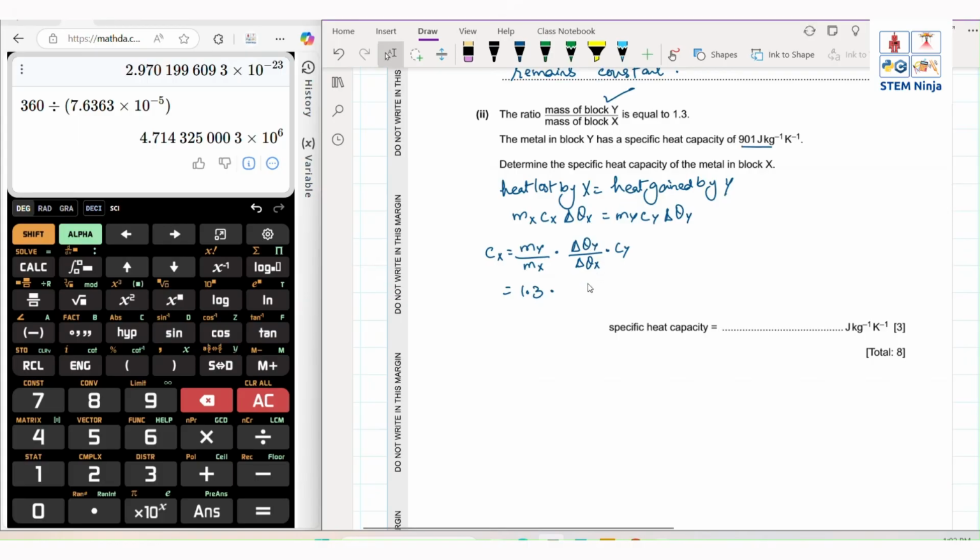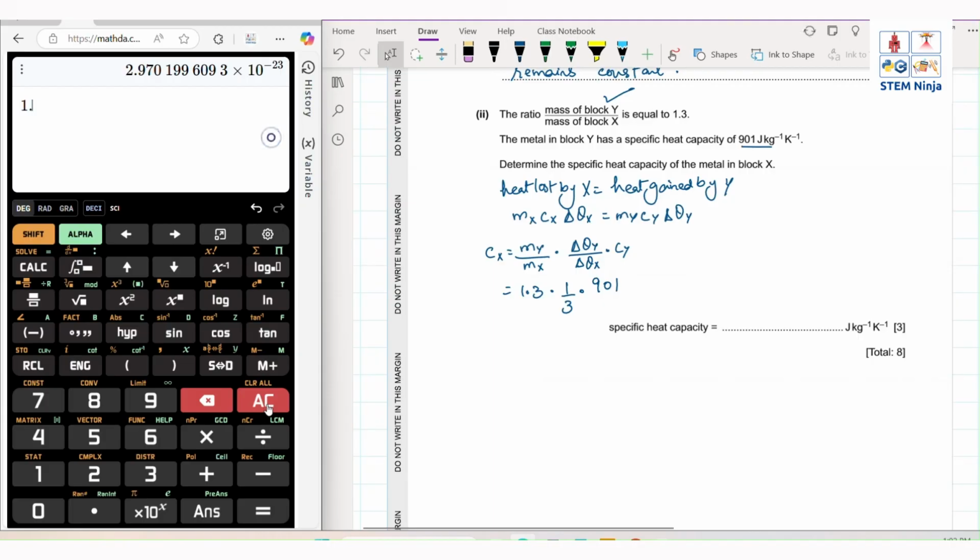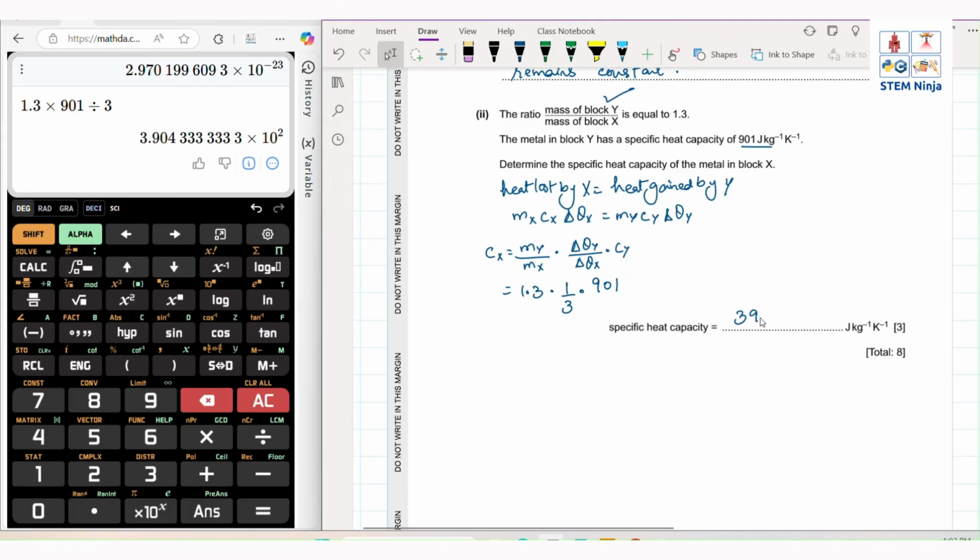The temperature change of y over the temperature change of x is 1 over 3. And the specific heat capacity of y is 901. So straightforward calculation, 1.3 times 901 divided by 3. This is 390, you could say. So 390. That's it.